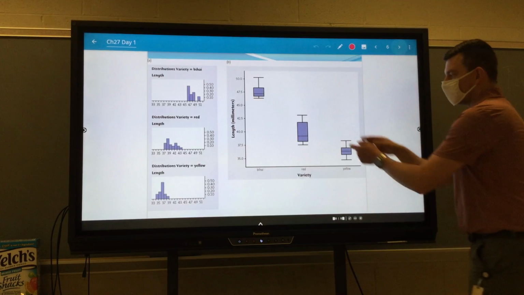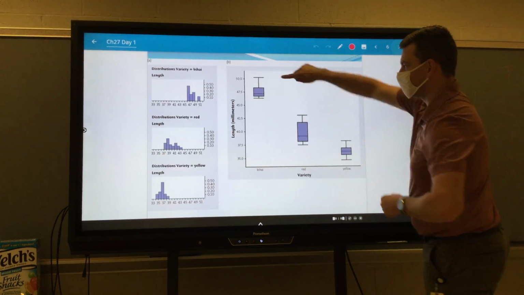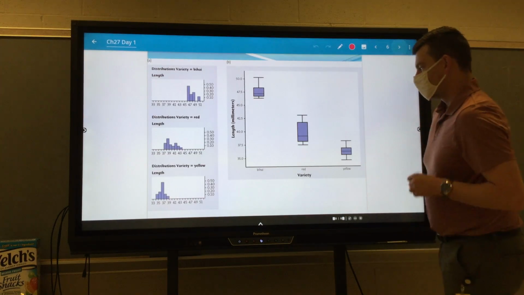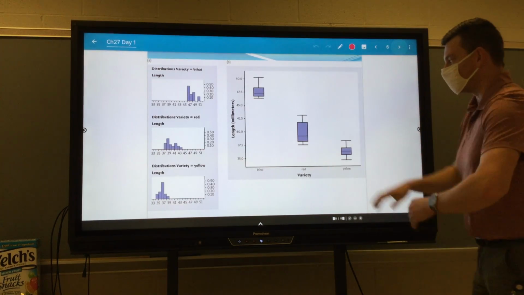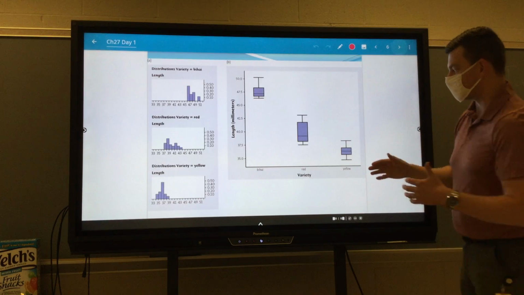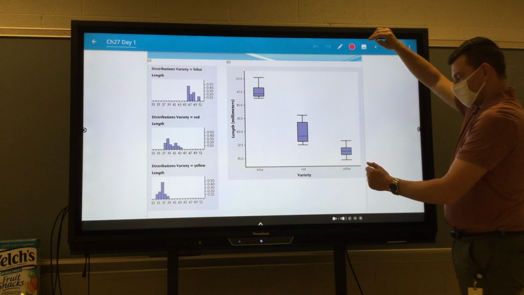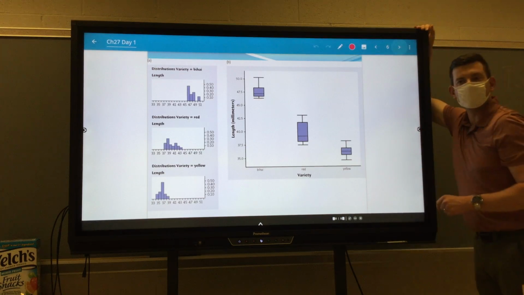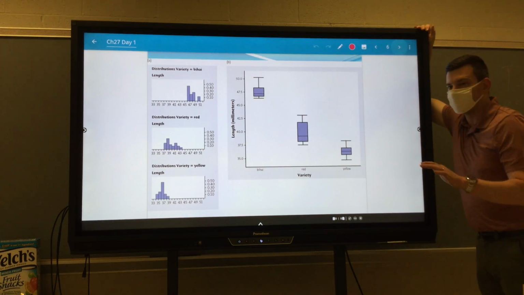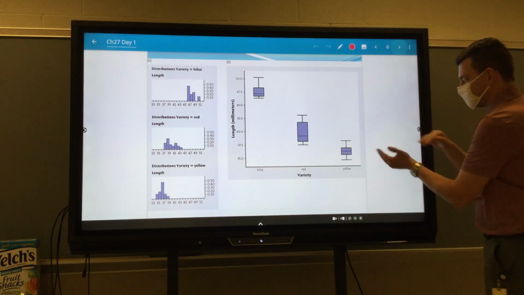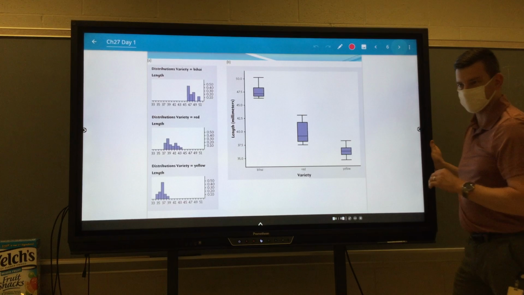But here, we know that we have a quarter of the data in each of these segments. So in that red variety, where we have a lot of variation, look at how that quarter is spread out. As opposed to this yellow variety, where we do not have much variation, all of this is very condensed around the center of that distribution.